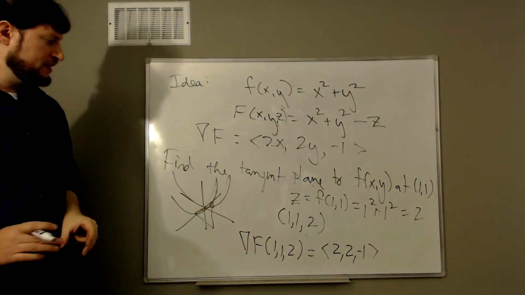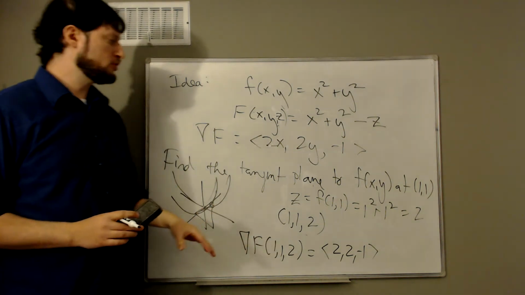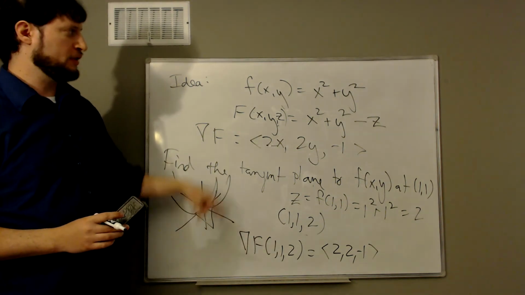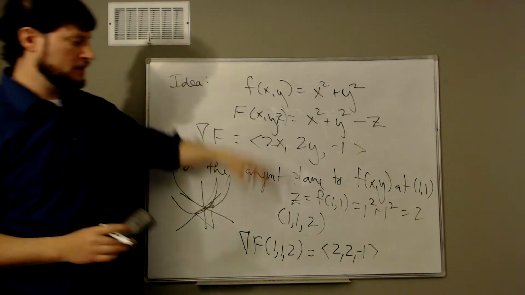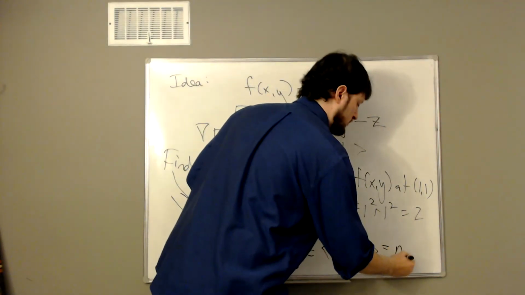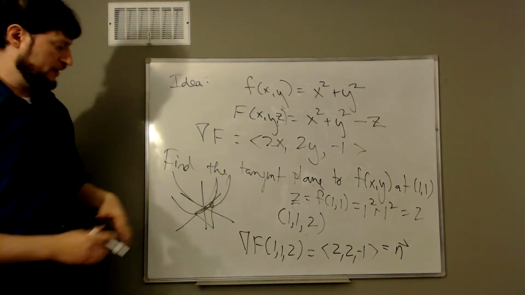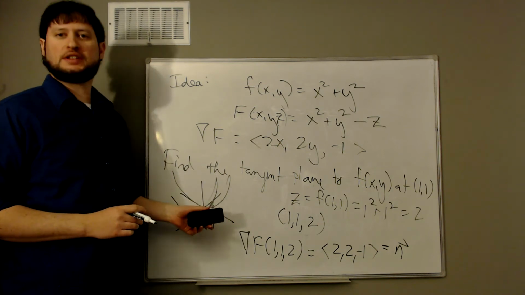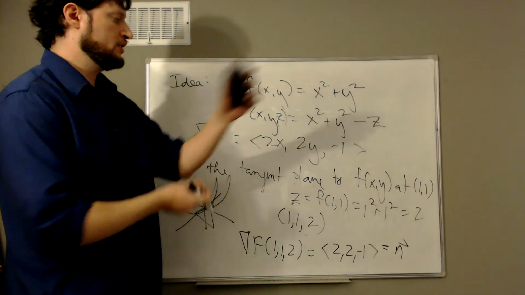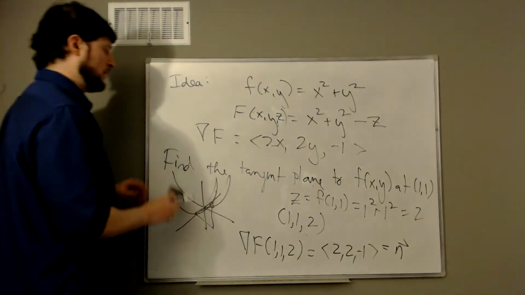But our previous idea says that the gradient vector is normal to a level surface, and this is our level surface, so we can use this as the normal vector to the surface at that particular point. But the normal vector to the surface is the same thing as the normal vector to our tangent plane. So our normal vector is 2, 2, minus 1.